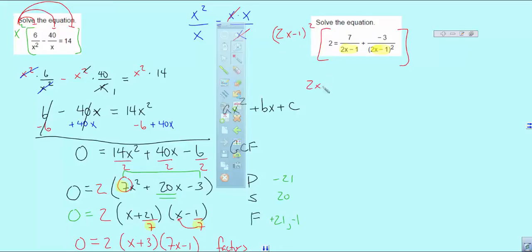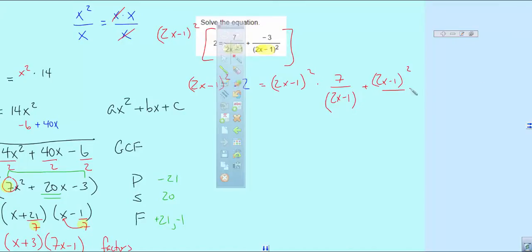So on the first one, we'll get 2x minus 1 squared times 2 equals 2x minus 1 squared times 7 over 2x minus 1, and then plus 2x minus 1 squared times -3 over 2x minus 1 squared.